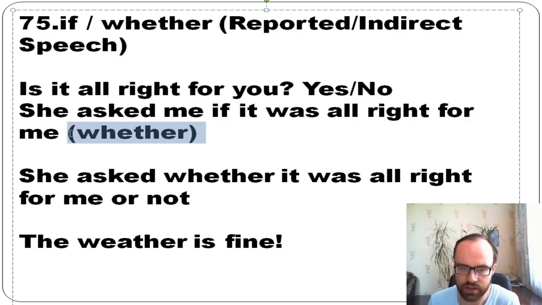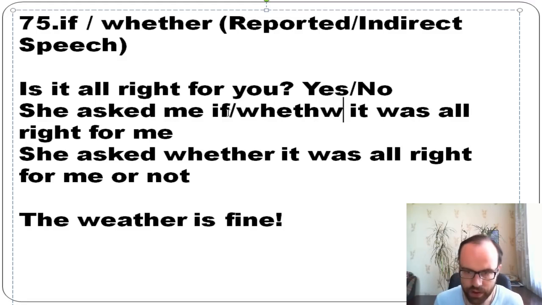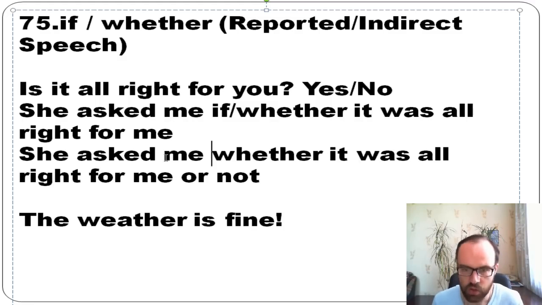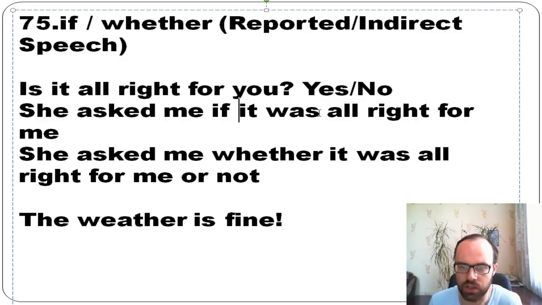She asked me if it was alright for me, or whether it was alright for me or not. Two variants: if, and whether, but we often use whether with or not.